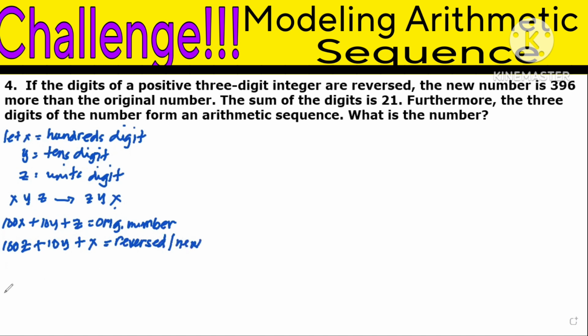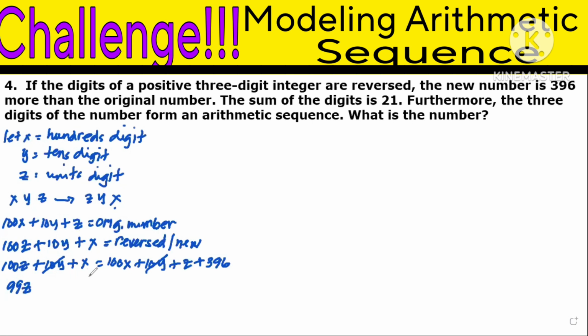So since the new number is 396 more than the original, we have the equation: new number 100z plus 10y plus x is equal to the original, which is 100x plus 10y plus z, plus 396. Now, simplifying the equation, we can cancel 10y and transpose all the variables to the left-hand side. 100z minus z is 99z.